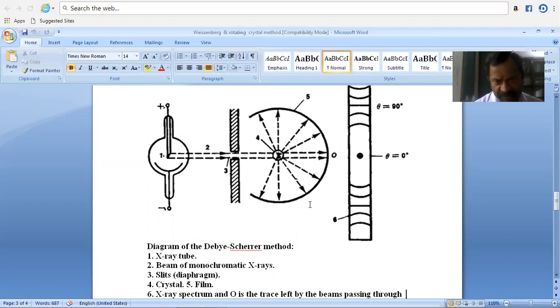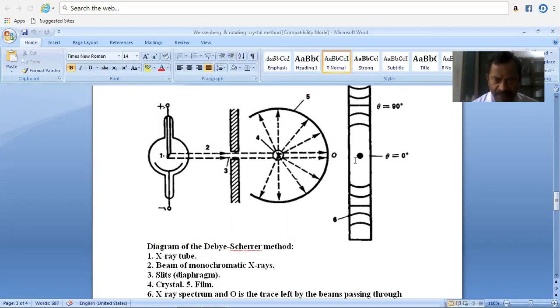But in powder photograph, we will see the diffraction patterns in the form of an arc. See, like this. This is the center point O, angle theta equals 0 degree. This is the diffraction arc spectrum. Here theta equals 90 degree, and here also theta equals 90 degree from above and below. Then at the end, theta equals 180 degree, and here also theta equals 180 degree.